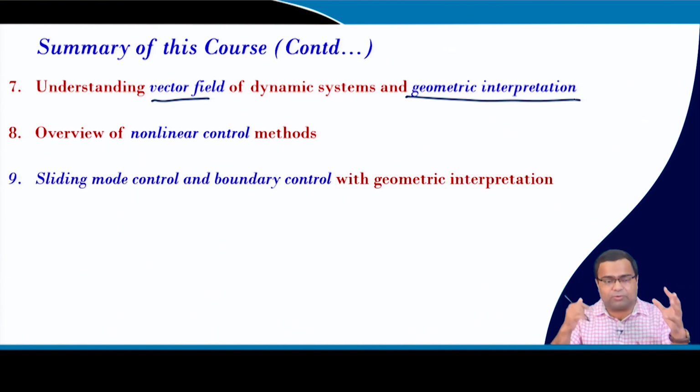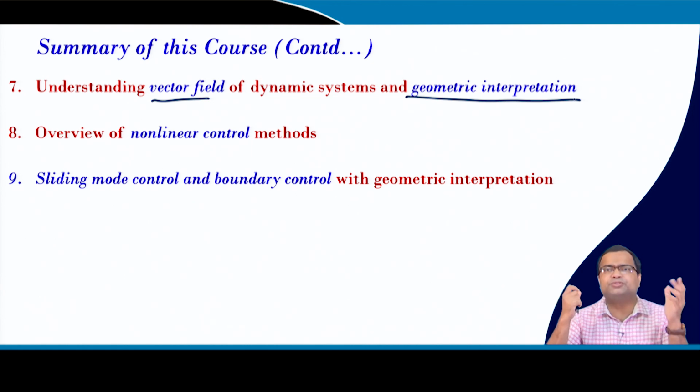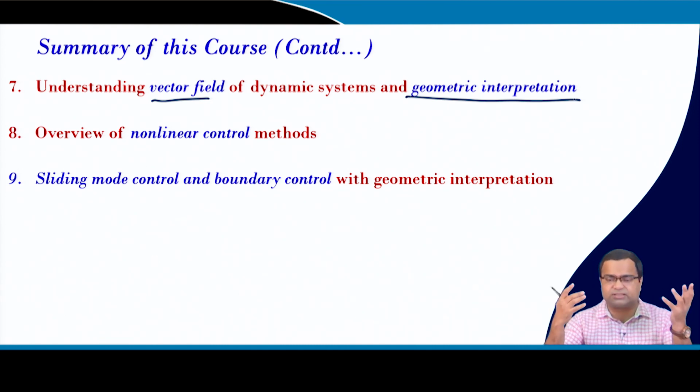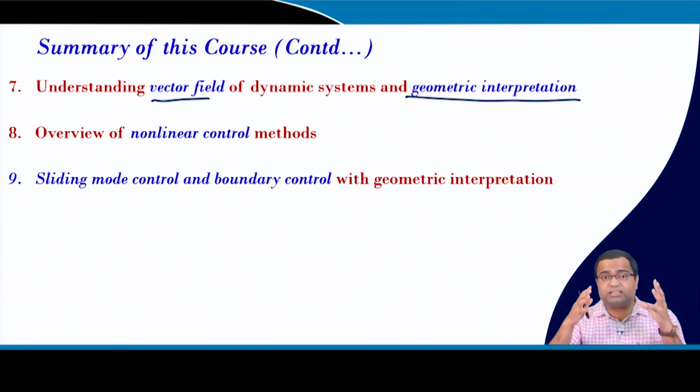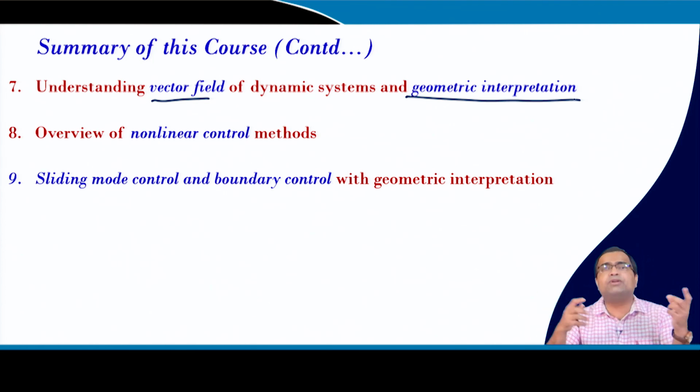Then I also talked in detail about sliding mode control and boundary control and their geometric interpretation. We have also simulated in MATLAB first order switching sliding mode control with a first order switching surface. We also talked about geometric control with the second order switching surface, and their geometric interpretation: how the switching surface looks, and why we need to go for a higher order switching surface.